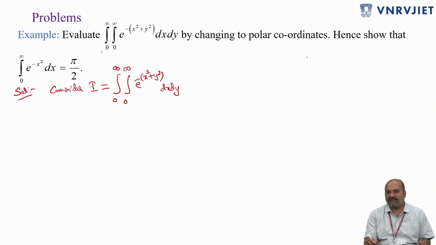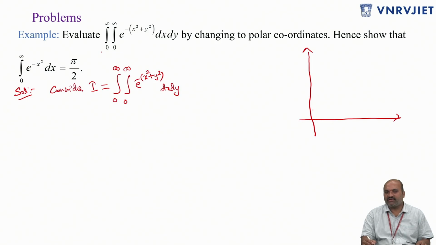First, identify the region of integration in Cartesian coordinates. Both the limits of x and y are 0 to infinity. What is the meaning of x equals 0? It means the y axis. What is the meaning of x equals infinity? X equals a constant is a straight line parallel to the y axis. Infinity means it's the largest number, which is not defined, so we cannot draw it here.